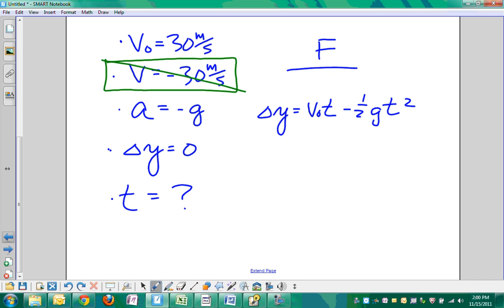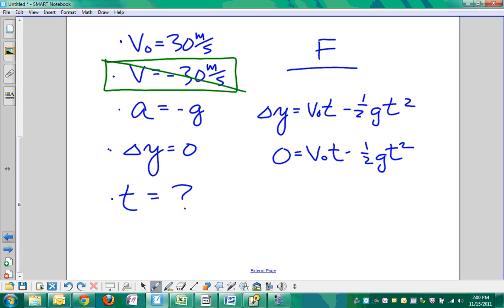All right, now we look at that and we go, oh, we got a t, we got a t squared. It seems like we're going to have to use the quadratic formula. No, everybody. Why don't we have to use the quadratic equation? Because this is 0. 0 is equal to v naught t minus 1/2 g t squared. We can divide through by t, right?